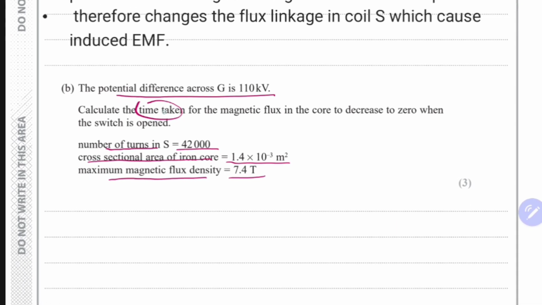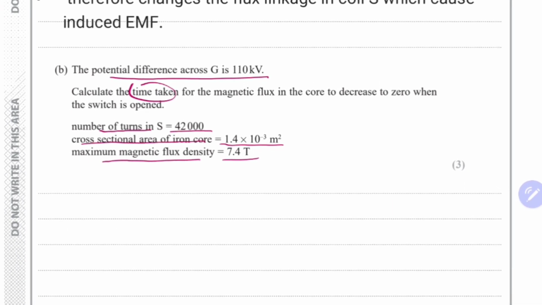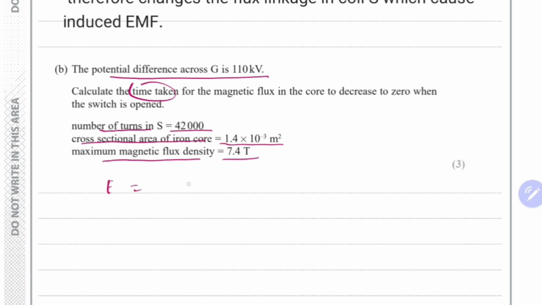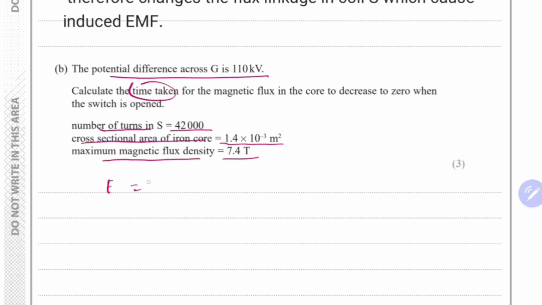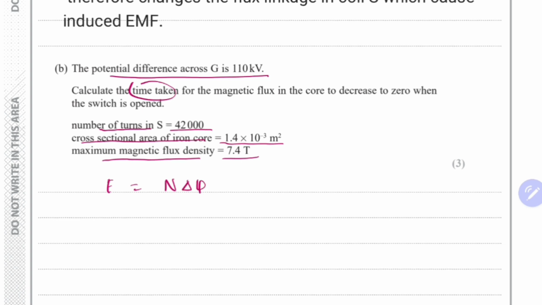As we know, potential difference here means the EMF is induced, and we know a formula for it. Induced EMF equals N delta phi divided by delta t.